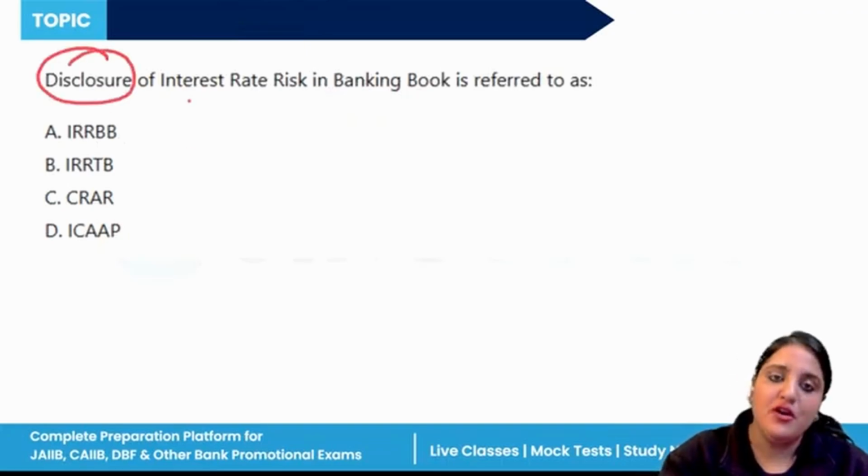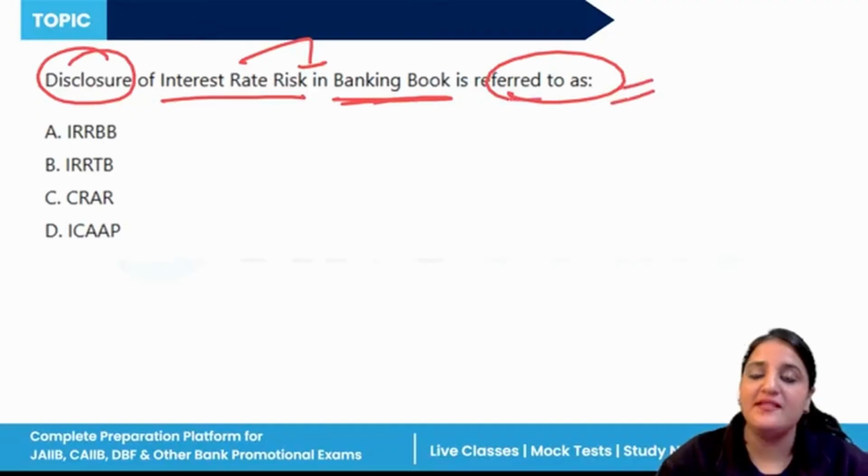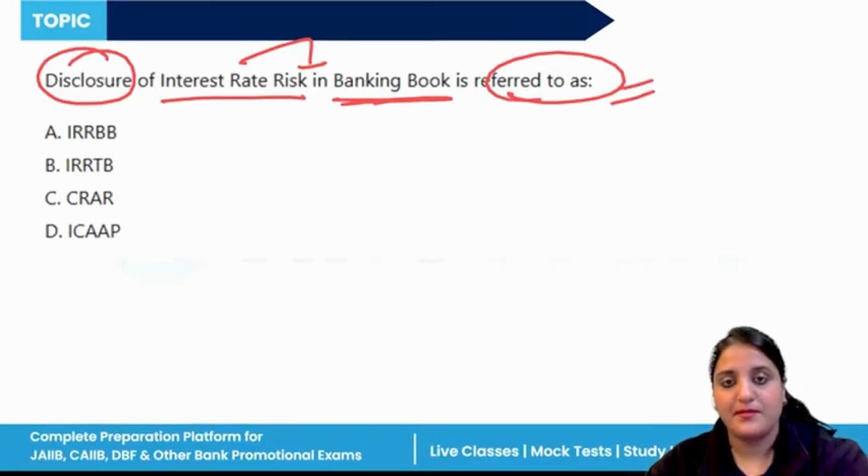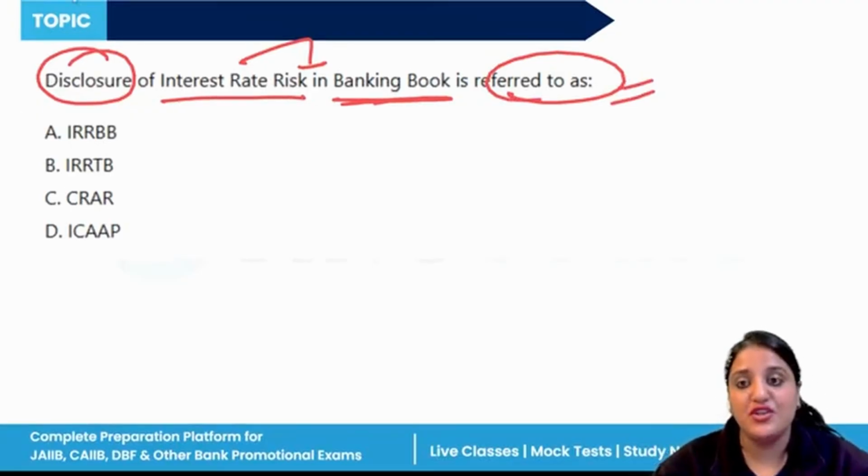Now, disclosure of interest rate risk in the banking book is referred to as Basel disclosure requirements. That is according to the RBI Master Circular. Under Basel III regulations, RBI requires banks to disclose detailed risk information.